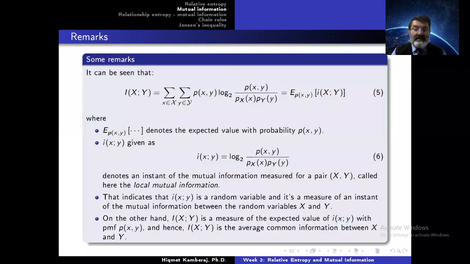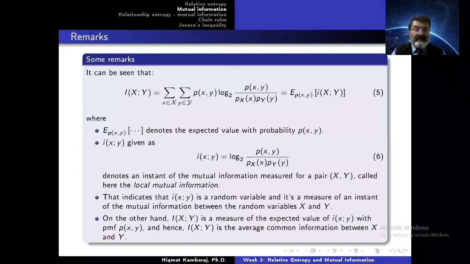That indicates that small i(x;y) is a random variable, and it is a measure of an instance of the mutual information between the random variables X and Y.